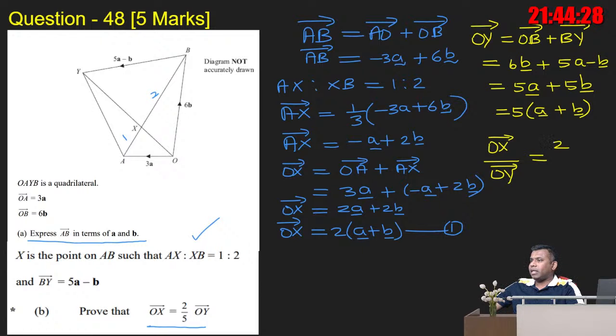OX vector you can say 2 bracket A plus B divided by 5 bracket A plus B.